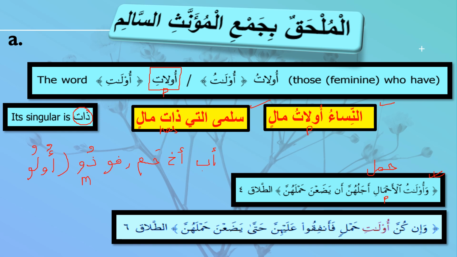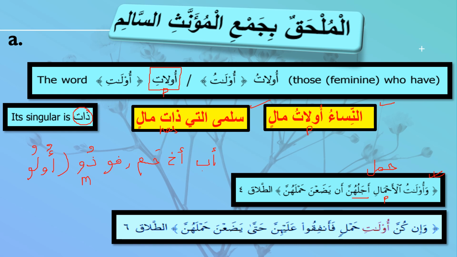Ulatul ahmali, those who are pregnant, ajalahunna. Ajalahunna means their term. An yad'ana hamlahun means it is a ruling for the pregnant women who got divorced. So their term is until they deliver.